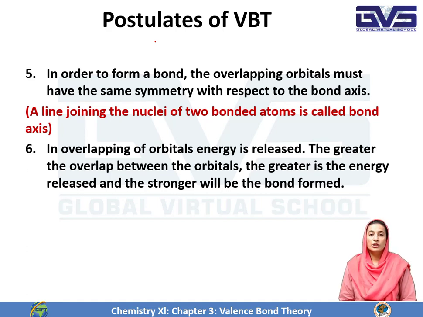So when a single bond is formed, energy will be released. If a double bond forms, more bonds are formed, more overlapping, so more energy will be released. And for a triple bond, even more energy is released. A sigma bond is stronger than a pi bond because in sigma the overlapping is greater compared to pi bond. That will be explained in the upcoming slides.